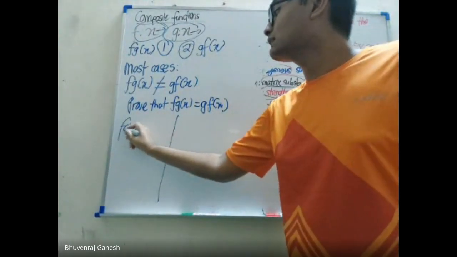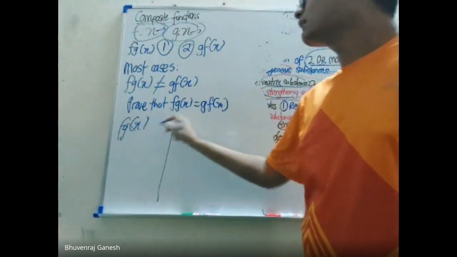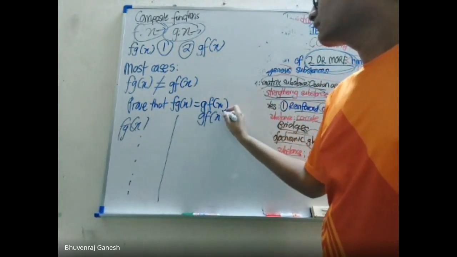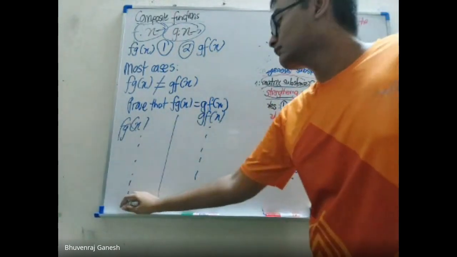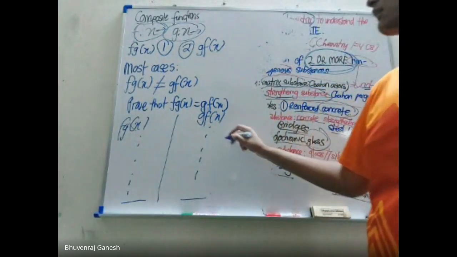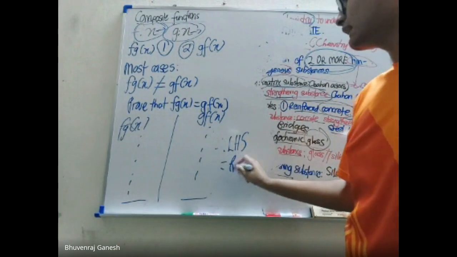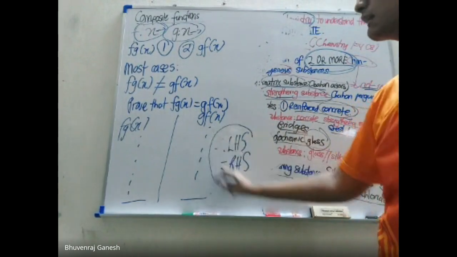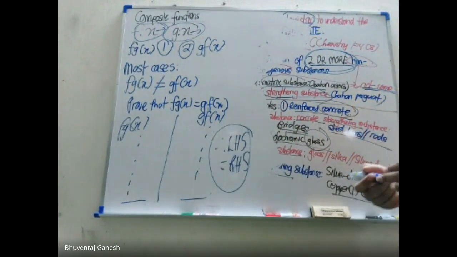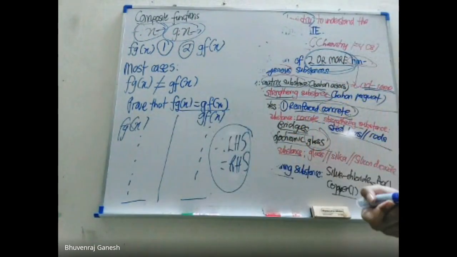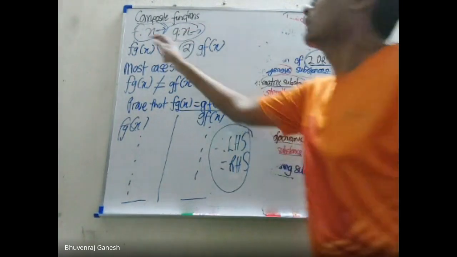So you have to do two separate scenarios here. You do fg(x) and continue until down here, and then gf(x), you continue until down here, and you find the result here and the result here. If you want to prove it, you must make sure the value of your left-hand side is equal to your right-hand side. This is the main concept behind proving. Sometimes it can be equal, depending on how the separate functions are structured.